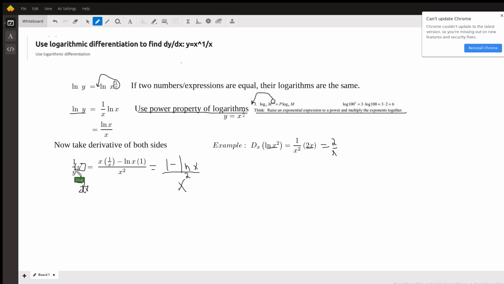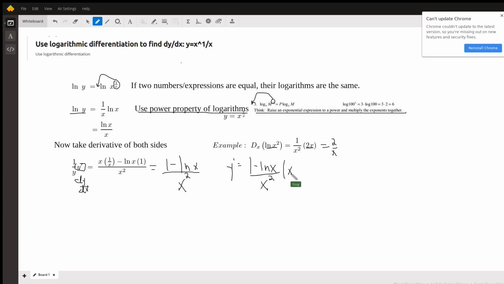Now we still have this y over here. I have to multiply both sides by y to solve for y prime, or solve for dy dx. So we have 1 minus ln of x over x squared times y. But you know what? y is x to the 1 over x power.